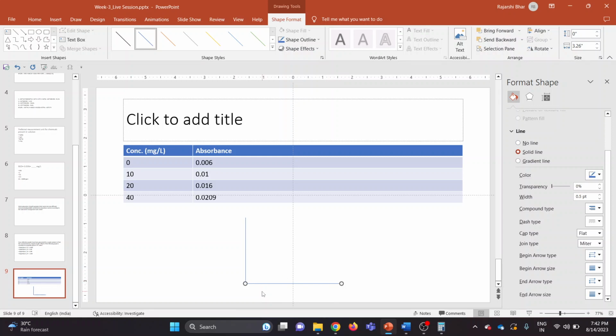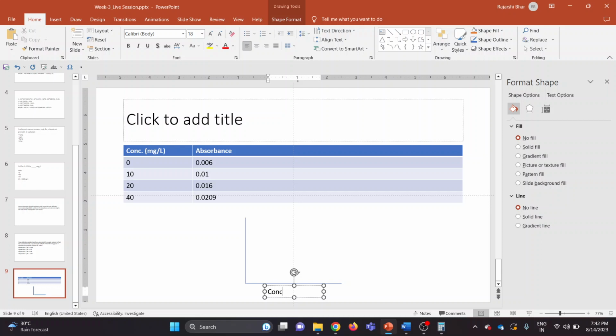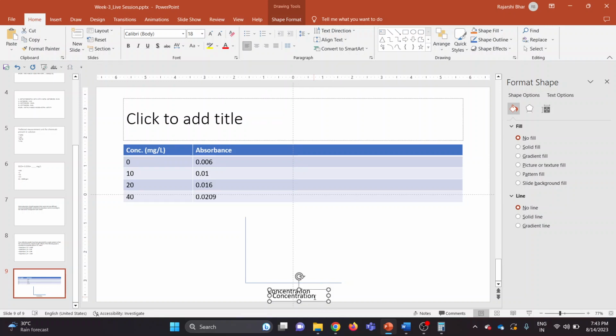So this is my y-axis, this is my x-axis. The x-axis will be the concentration of the known samples, and the y-axis will be the absorbance.